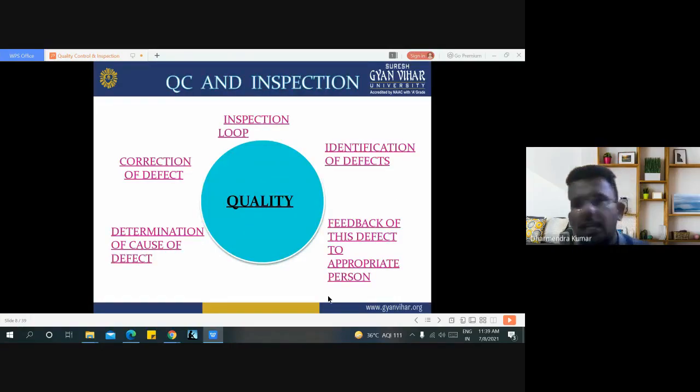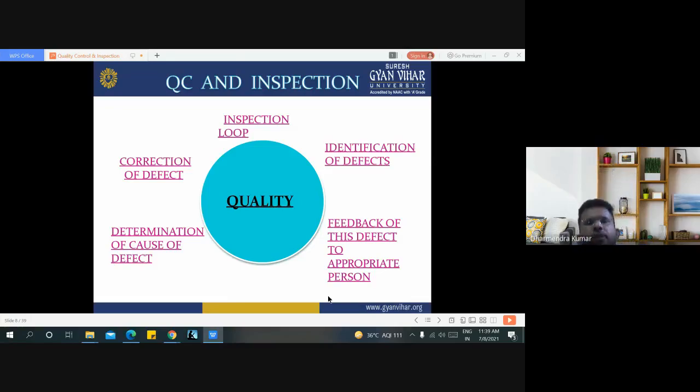This is the quality control and the inspection. If we concentrate on quality, then some factors affect the quality or quality control, like correction of defects. If regularly we find any error, then regular correction is required for the betterment, for the better characteristics of that product.